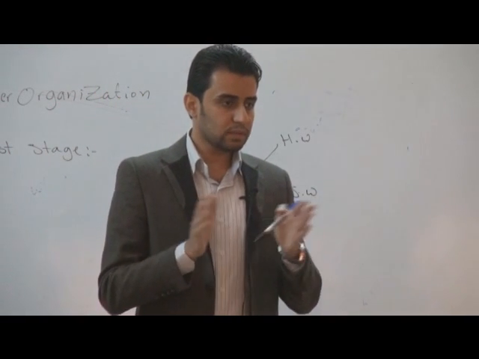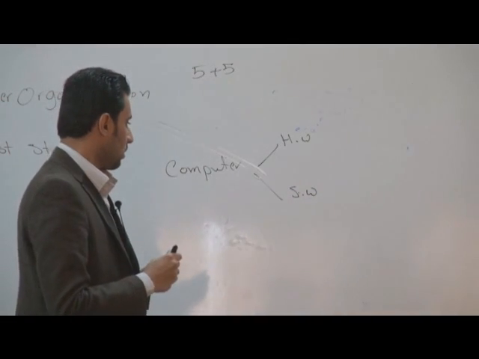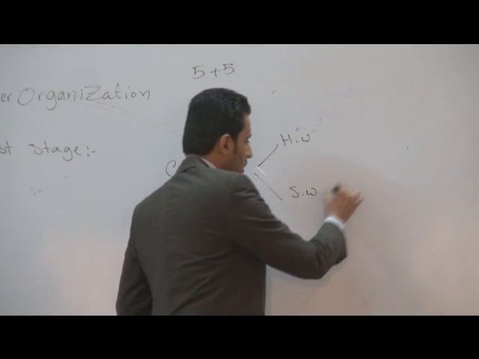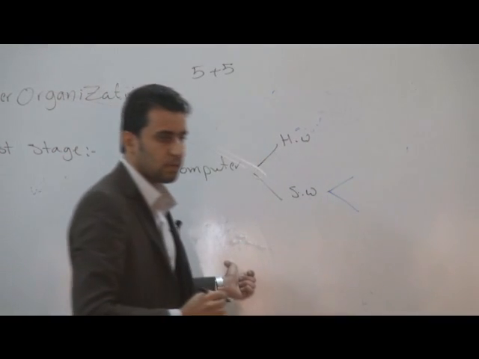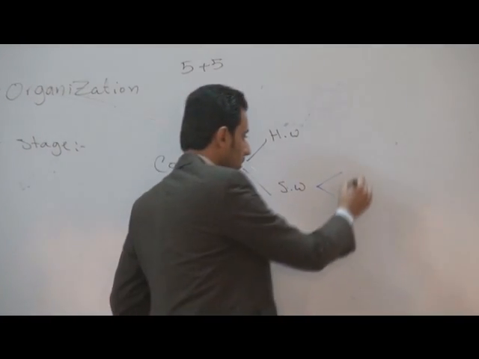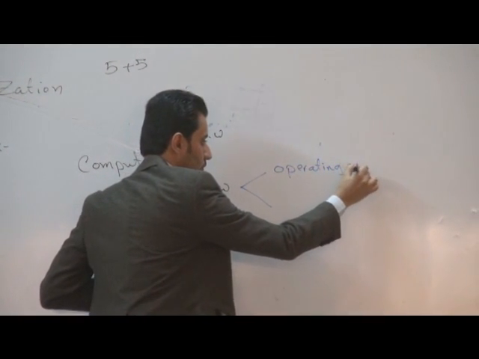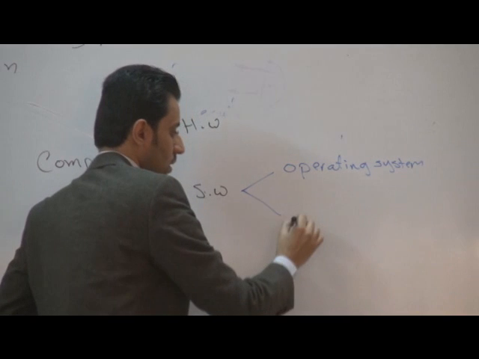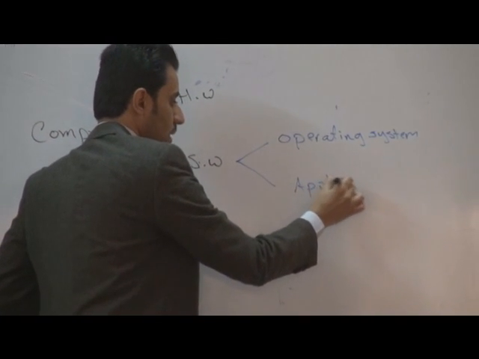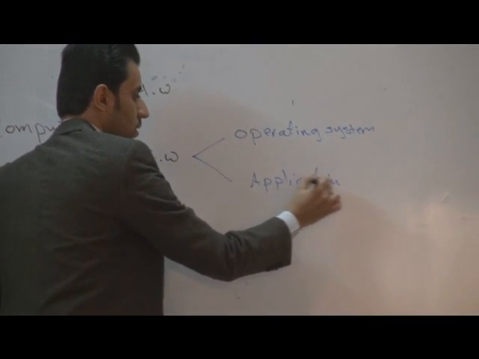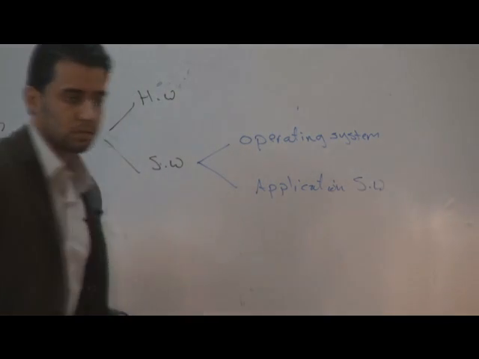But there are different types of software. So software goes into two categories. First one, operating system software, and application software.